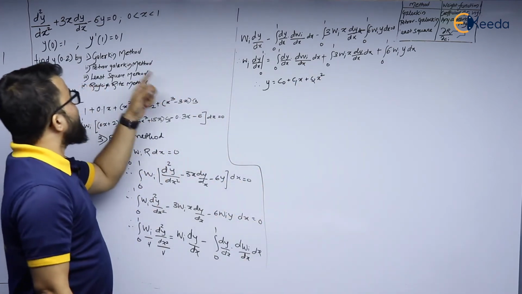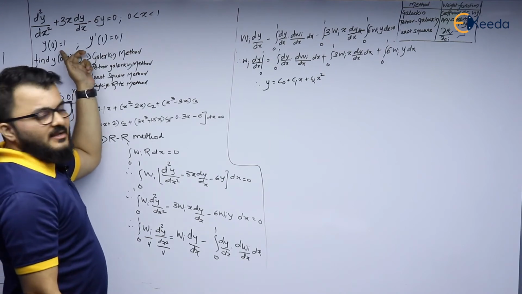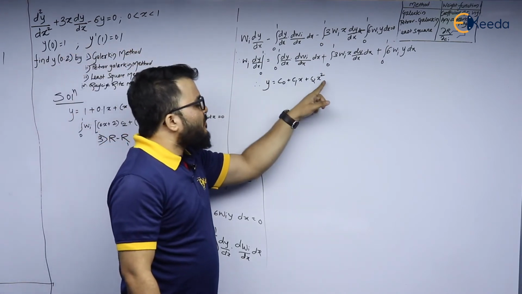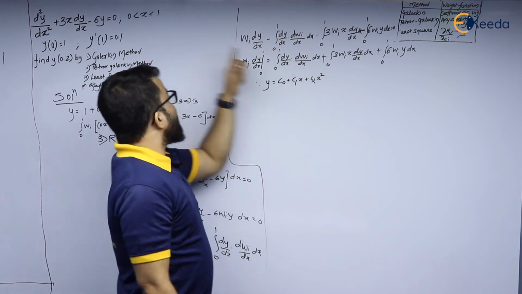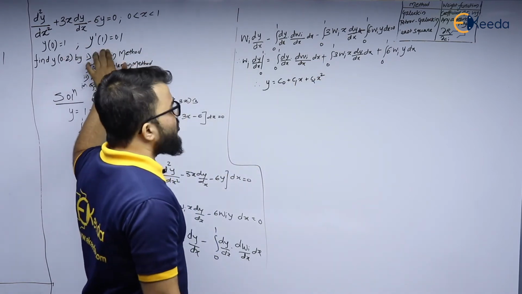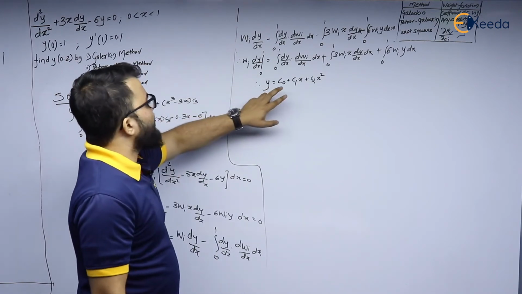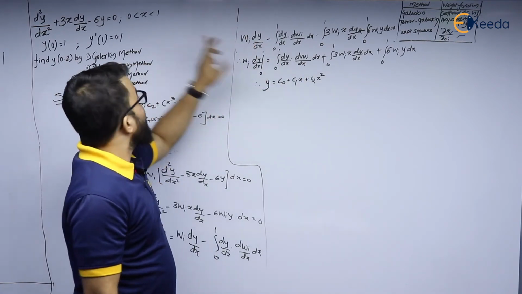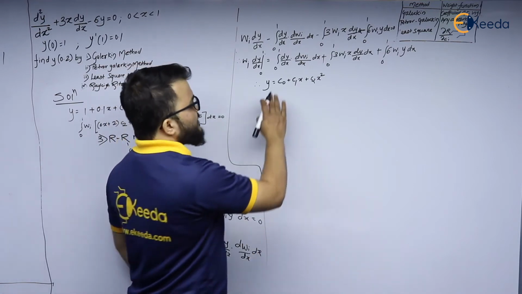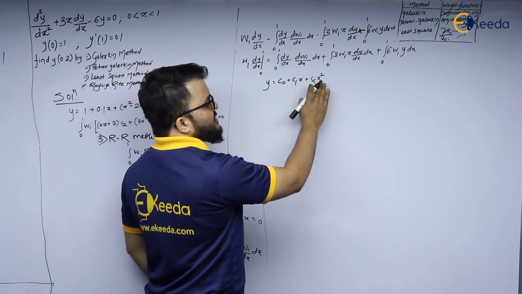Since I have only one essential boundary condition, my order of polynomial is 2. If there were 2 essential boundary conditions, then my order would become 3. That is the concept for the polynomial in Rayleigh's method. So y equals c0 plus c1x plus c2x square.